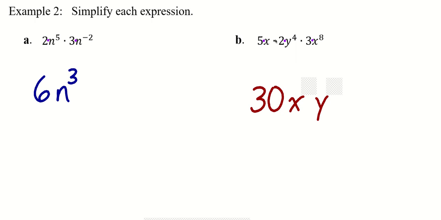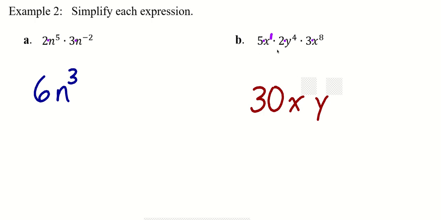Then it becomes a matter of, okay, I can do x times x to the 8th. Those can multiply together and simplify. So what do you get when you do x times x to the 8th? Keep in mind that the invisible power right here is 1.